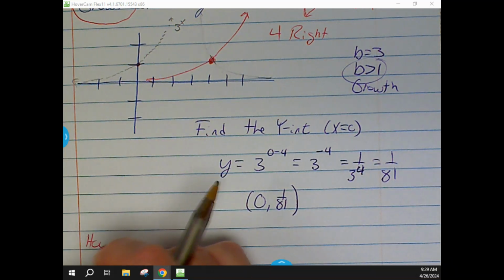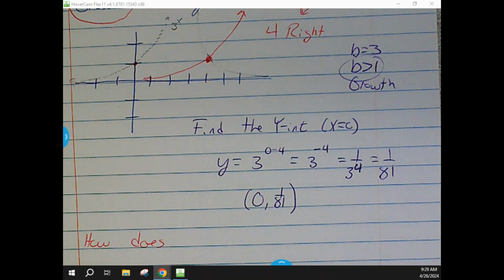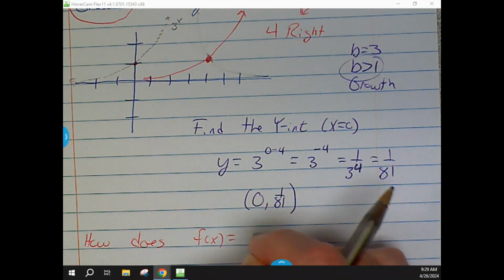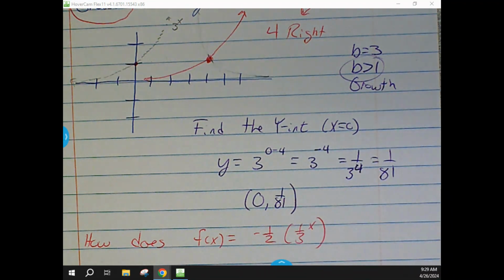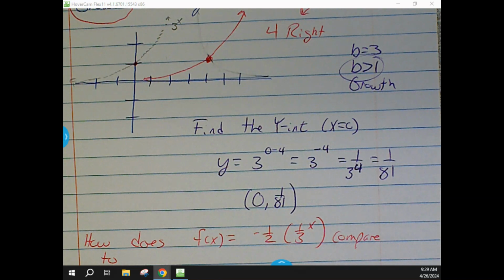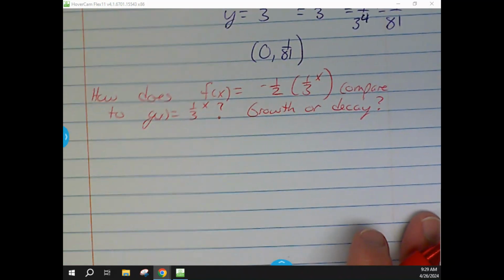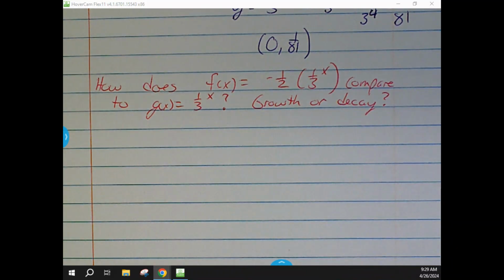How does f of x equals negative 1/2 times 1/3 to the x power compare to g of x equals 1/3 to the x power?